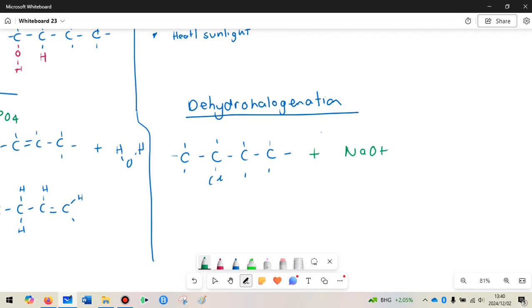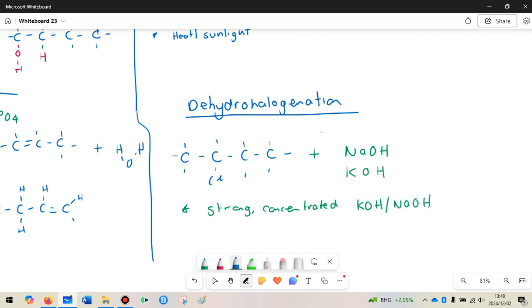We add, or it could be potassium hydroxide as well, in other words, one of the strong bases. Okay, so let's add here, we need to add a strong concentrated, and that concentrated is going to be more important than you think, potassium hydroxide or sodium hydroxide.